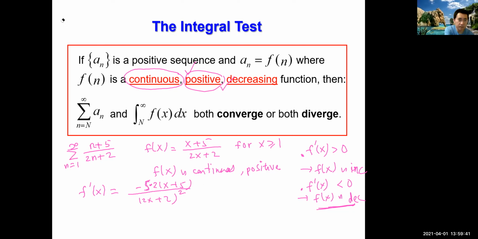So I have negative 10x minus 50 over (2x plus 2) squared.